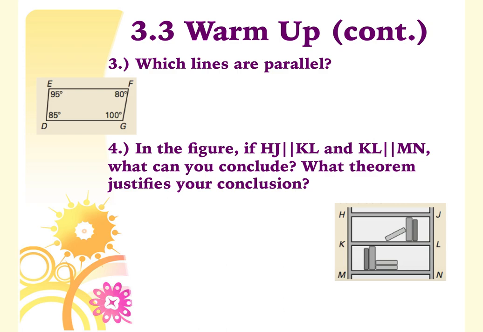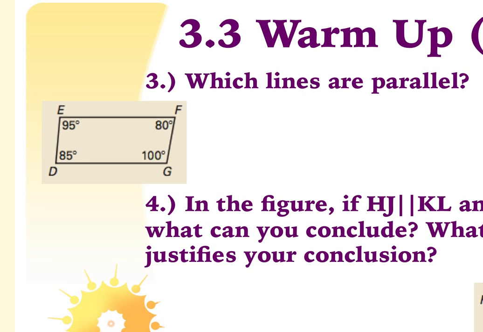Which lines are parallel in this diagram, Nick? EF and DG, and how do you know that? Because they're both same. So you would want to say that these two are same side interior, right? If it asks why, right?